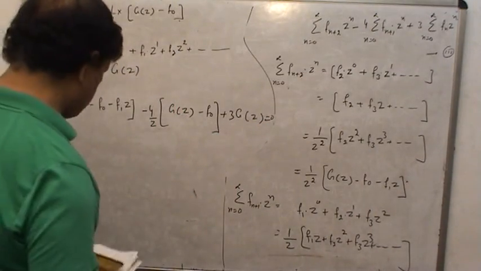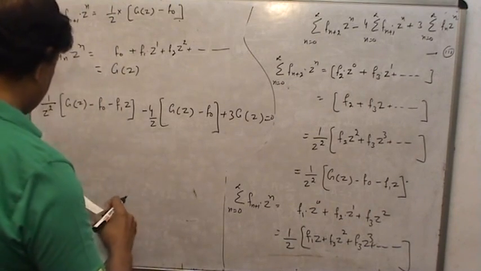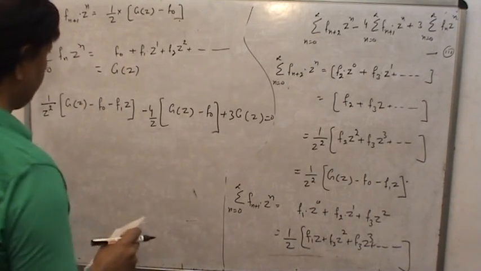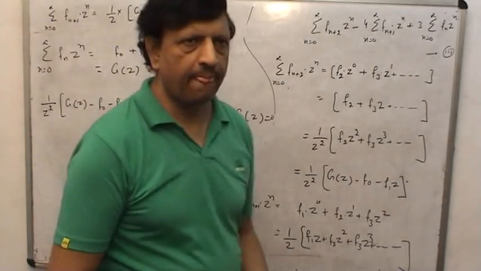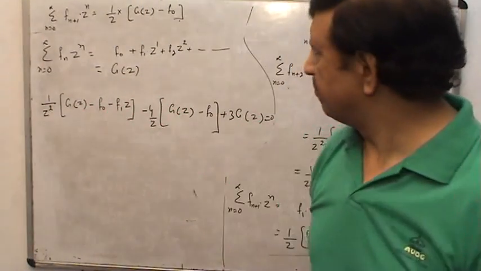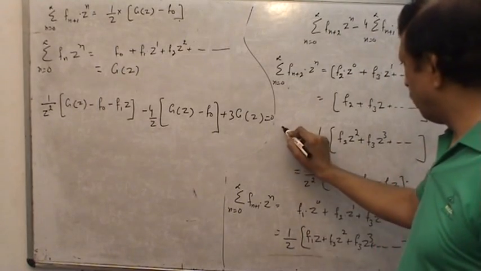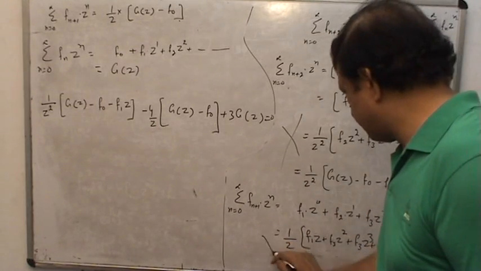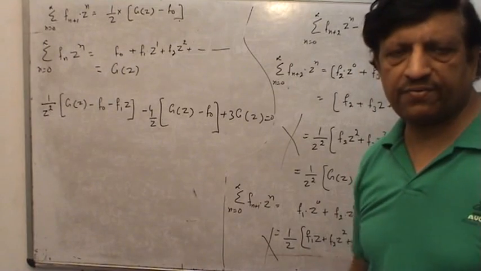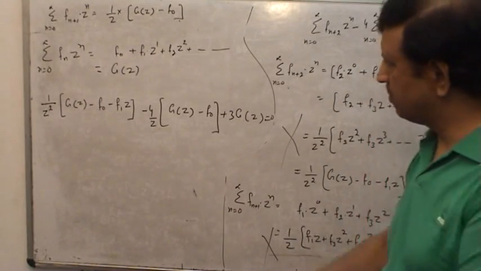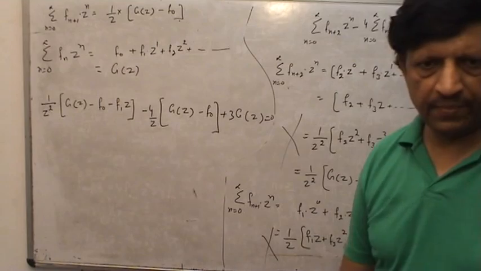Then we put in the given conditions f0 and f1, and by applying the binomial theorem we can solve this recurrence relation. These two steps were the only ones different from the previous problem; otherwise it is the same.